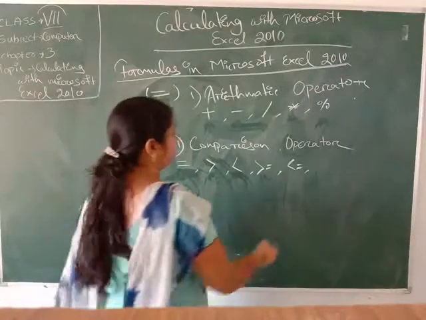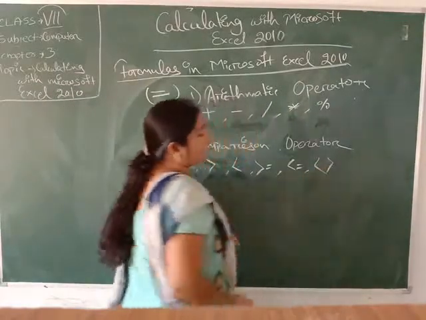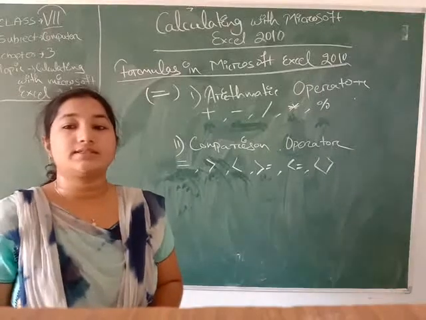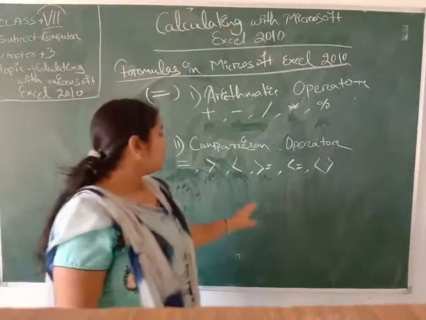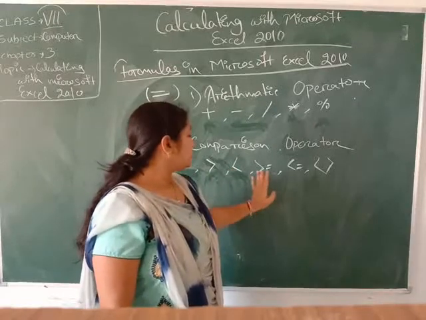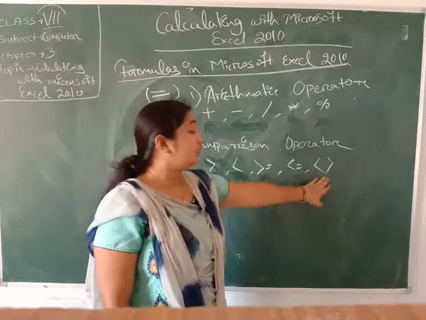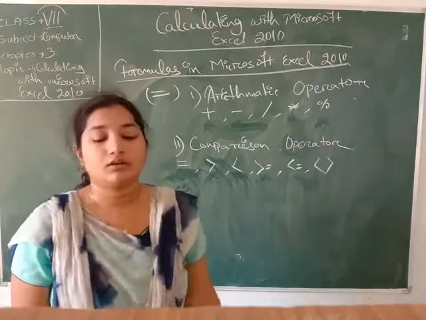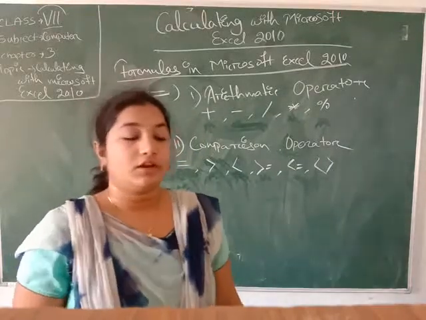Next is not equal to, used to find the number that is not equal to that condition. So this is greater than, lesser than, greater than or equal to, lesser than or equal to, and not equal to.